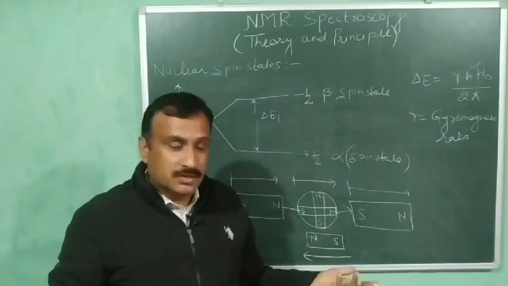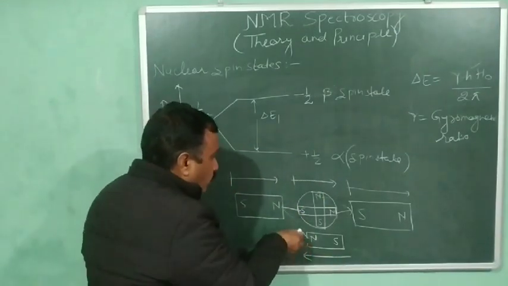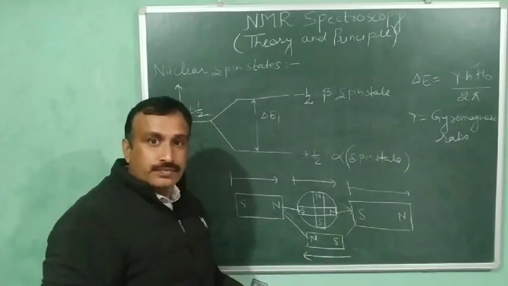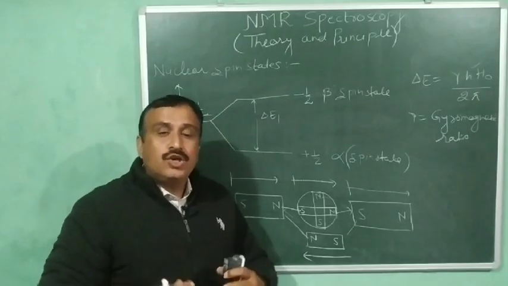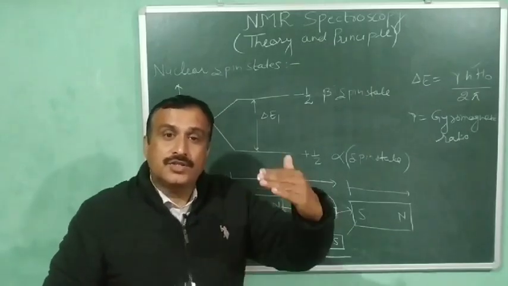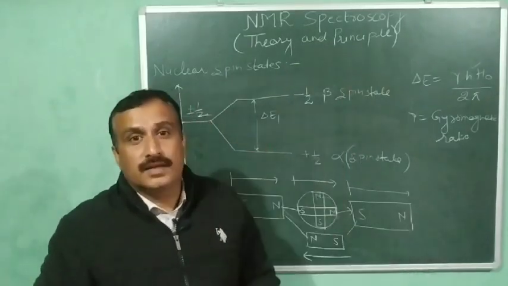And likewise, when the proton magnet is aligned against the external magnetic field, we will have more repulsions in this state. So there will be more repulsions here when it is aligned against the external magnetic field, so the energy of that higher energy state will be enhanced further.